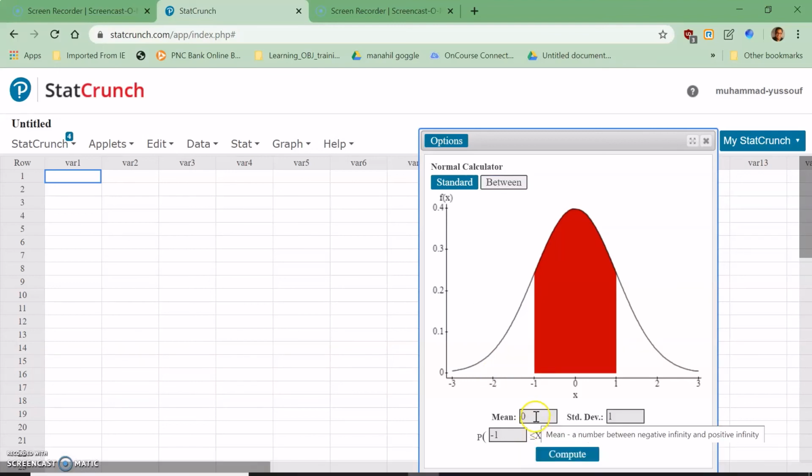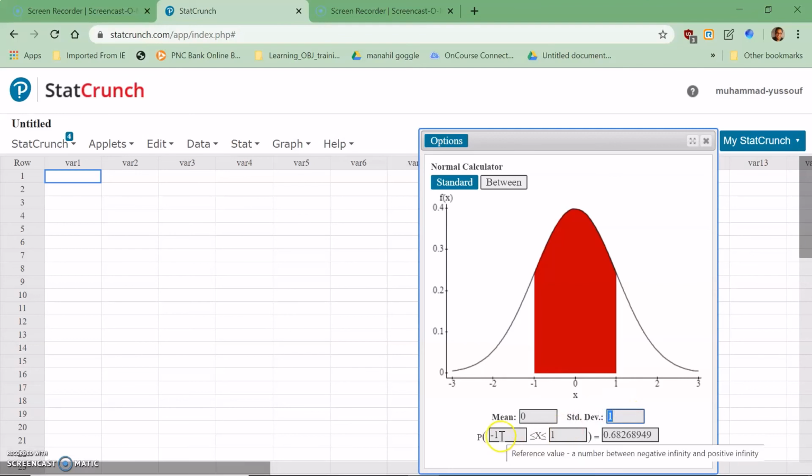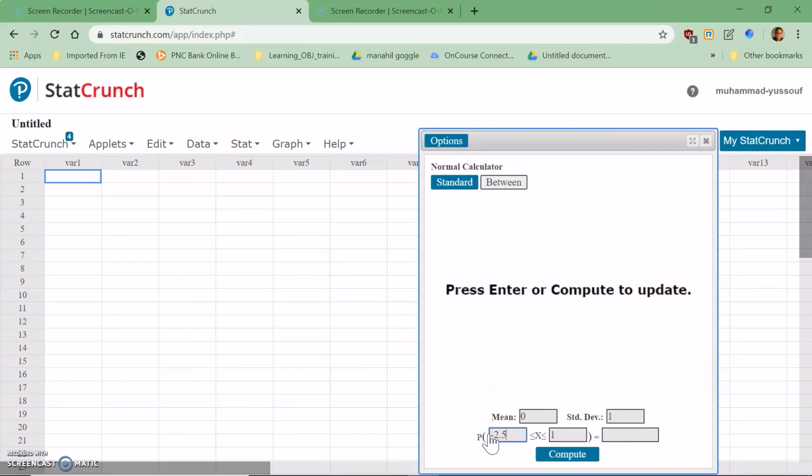We have the same mean of 0 and standard deviation of 1, but we are looking for the area between the two z-scores. The first z-score is -2.5 and the second z-score is -1, and I'm going to hit compute and you will see the value show up.